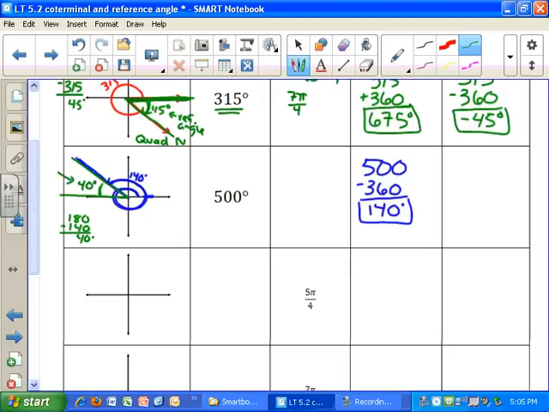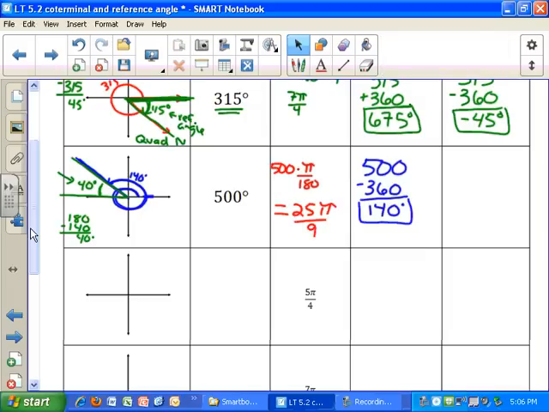To convert that into radians, we can do 500 times pi over 180. And when we simplify that, we get 25 pi over 9.